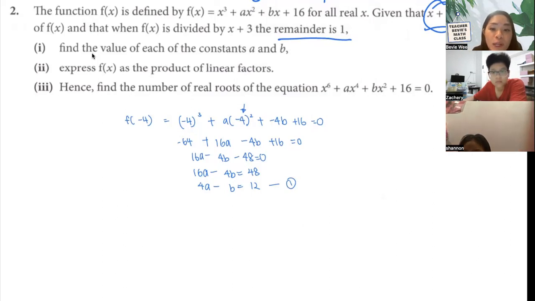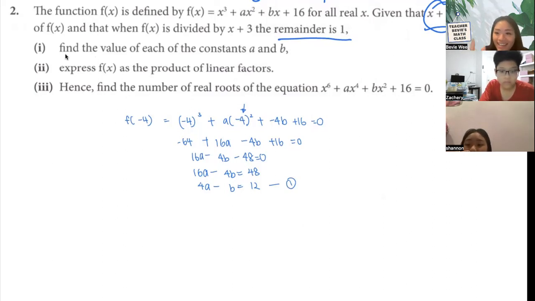The last number there is not right, and your sign is also not right. You're subbing in minus 3, right? Lucky I asked you all to do this.